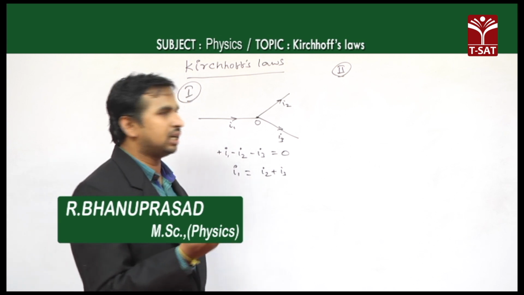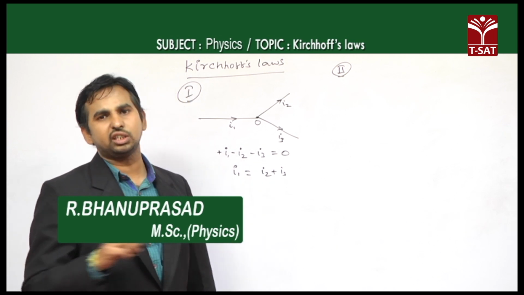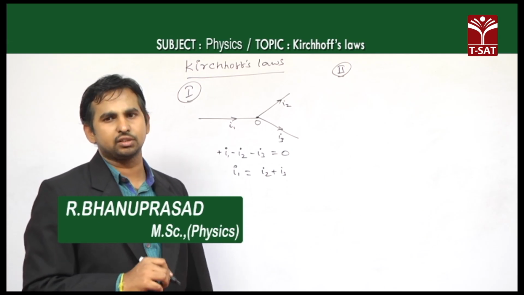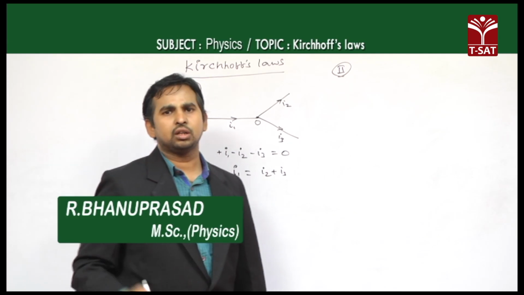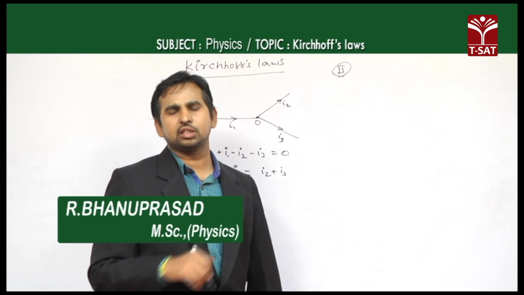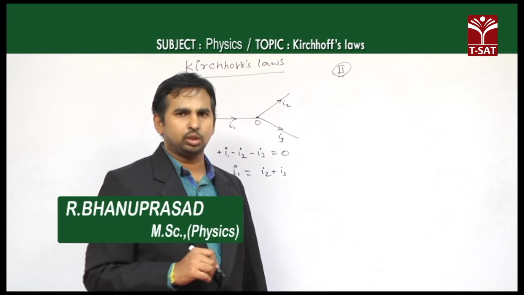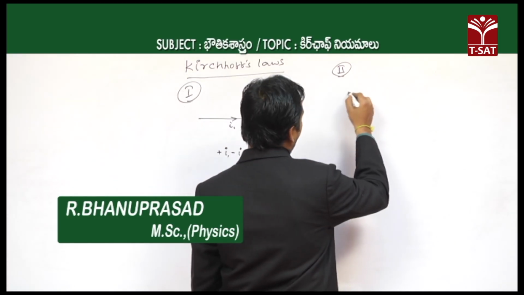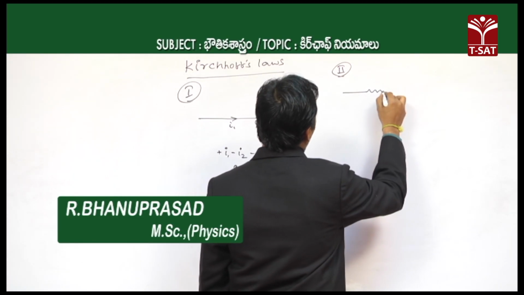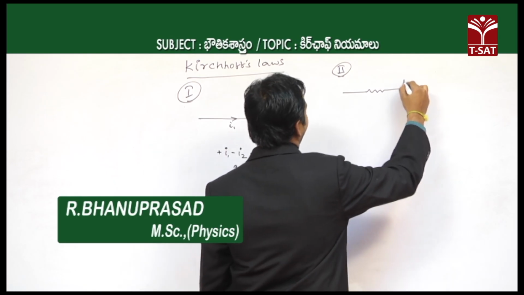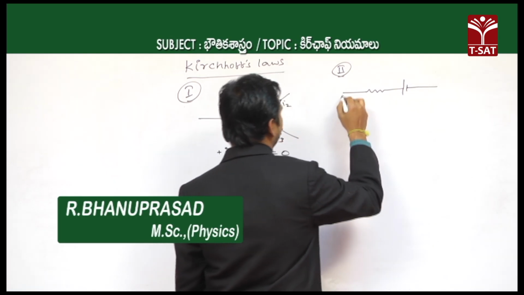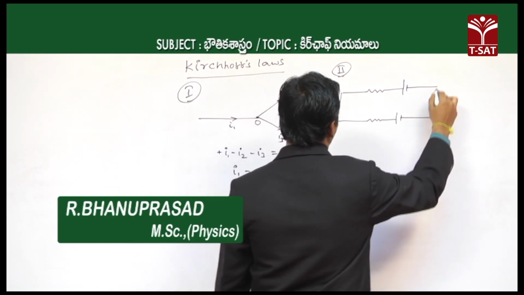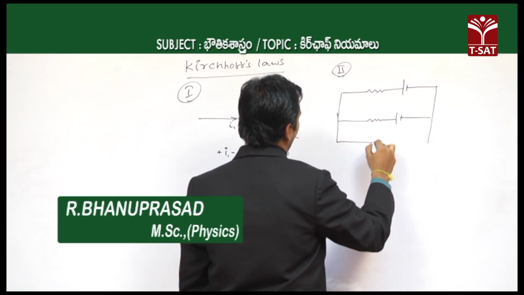In another way, we can say that the algebraic sum of the changes in potential difference around the closed circuit has to be equal to 0. For example, consider a circuit with a resistance, a potential difference, and another resistance with another potential difference, and one more resistance here.